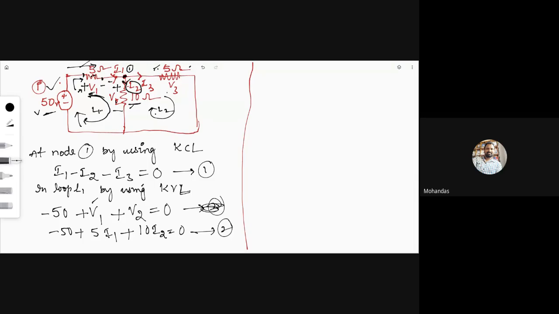So now come to this loop. This loop consists of how many branch elements? One is the 5 ohm resistor and another one is, please tell me.